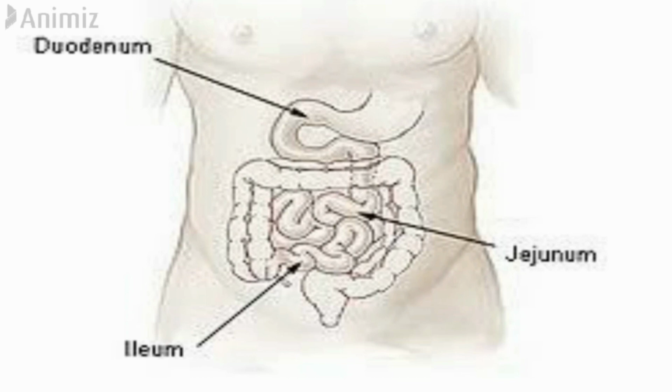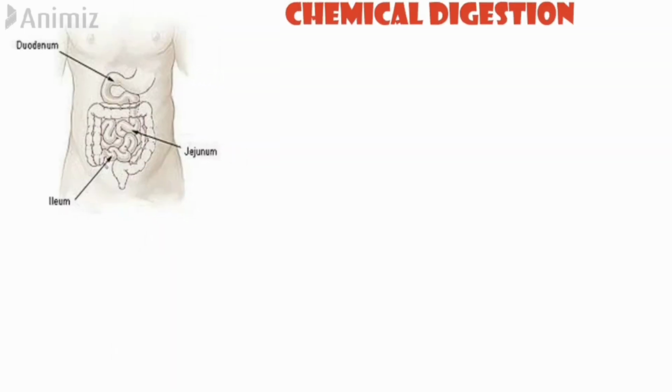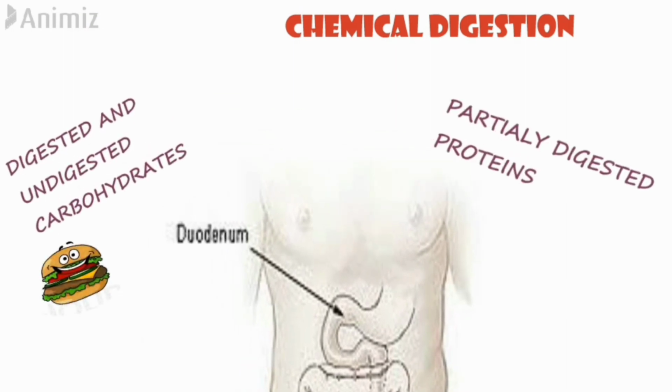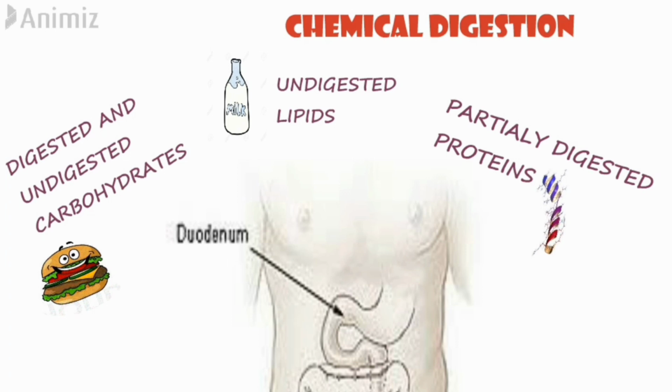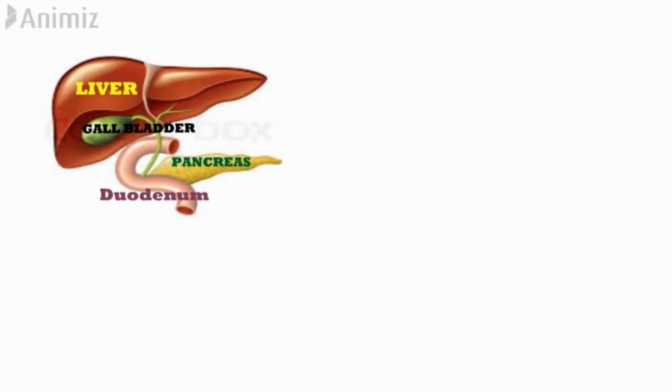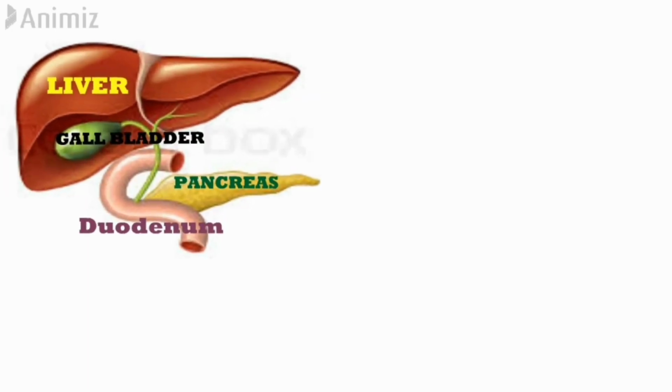By the time the chyme enters the small intestine from the stomach, the carbohydrates and the proteins are partially digested. However, no lipid digestion has taken place up to this point. As the chemical digestion starts at the duodenum, it depends not only on its own secretions but also on the activities of three organs outside the alimentary canal, namely the liver, pancreas and gallbladder.